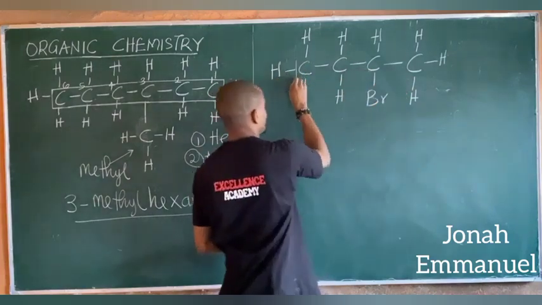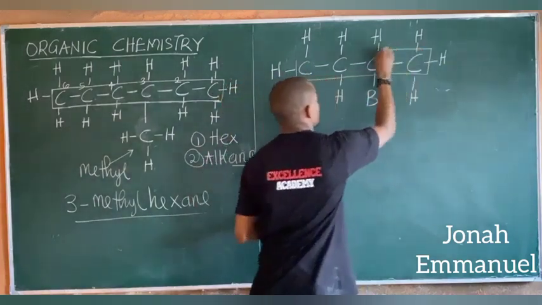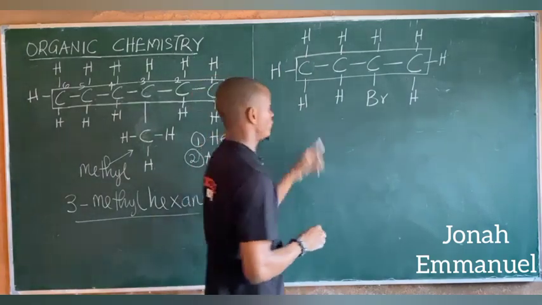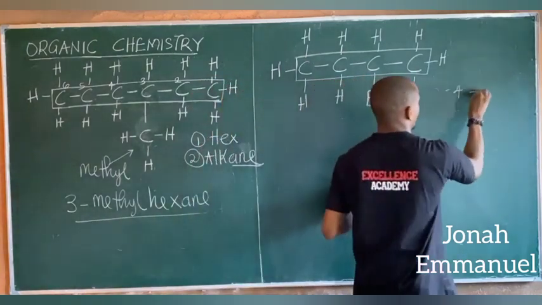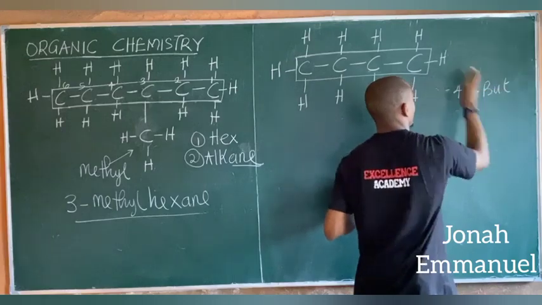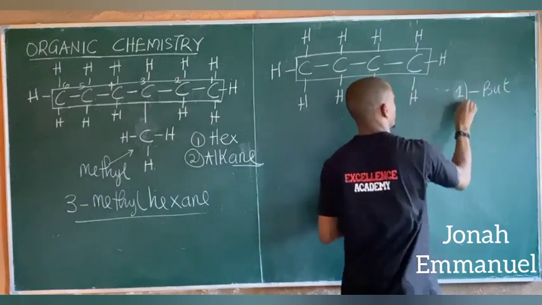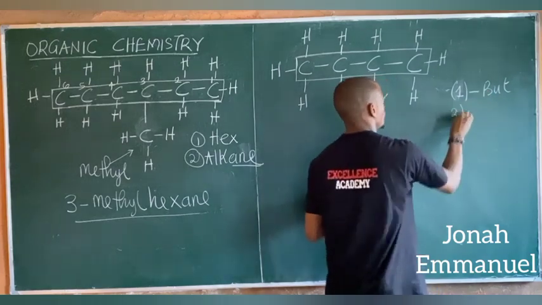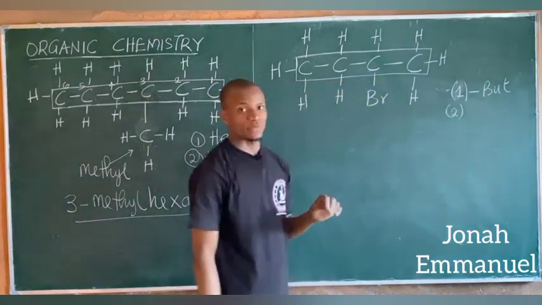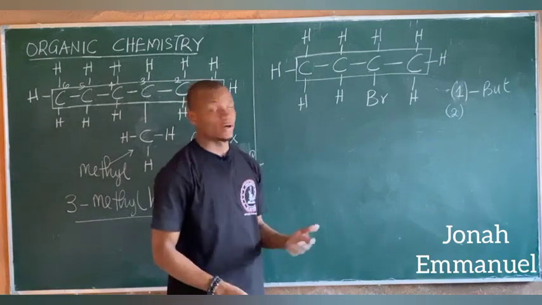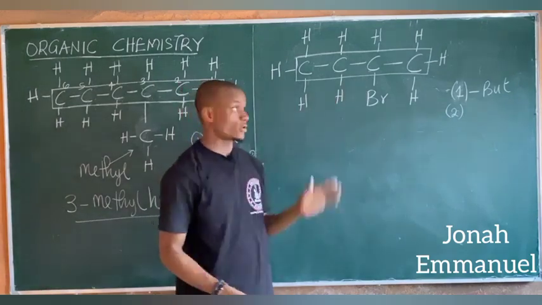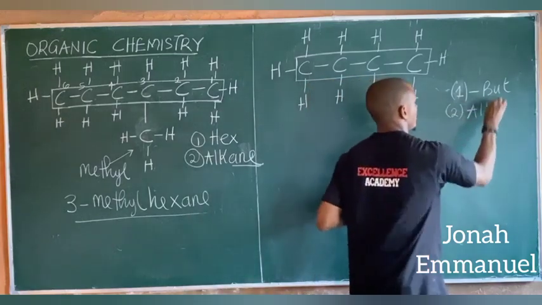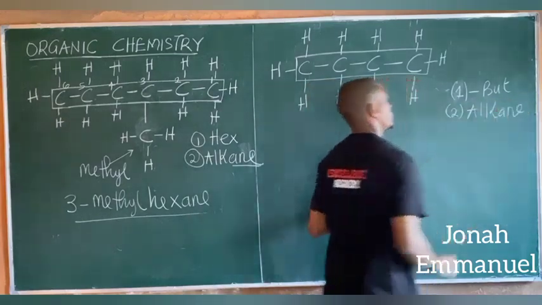Obviously, I'm having this as the longest continuous carbon chain. Next up, 4 here is but. From rule 1, this becomes but. Why? I'm having 4 carbon atoms. From rule 2, look at the functional group. The functional group here is single bond. I have just single bonds throughout this compound, so it's called an alkane.